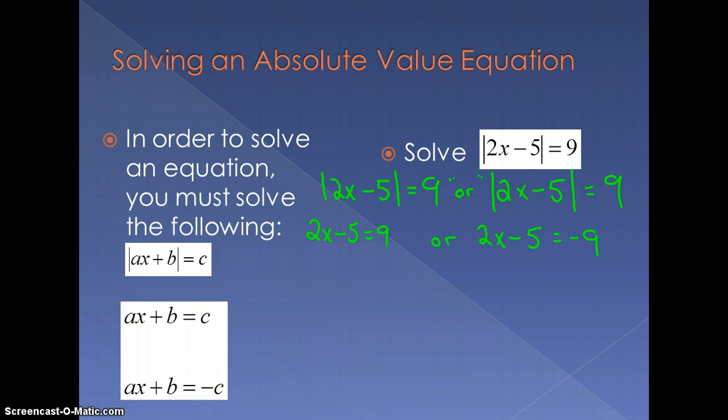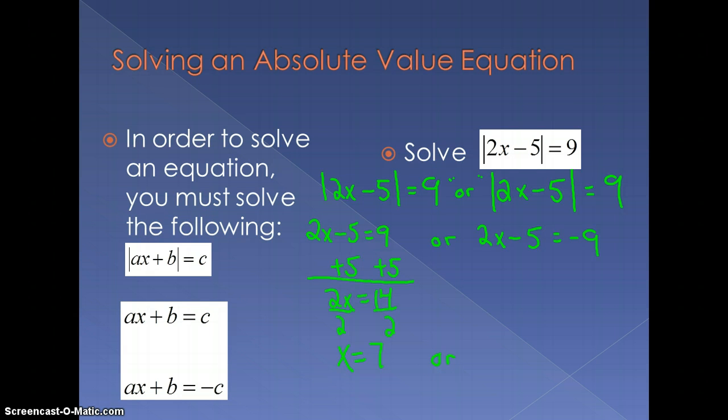We solve them as we did equations several sections ago. So on this left, we'll add 5 to both sides. 2x equals 14, and then we'll divide by 2, and I get x equals 7 on the left side there.